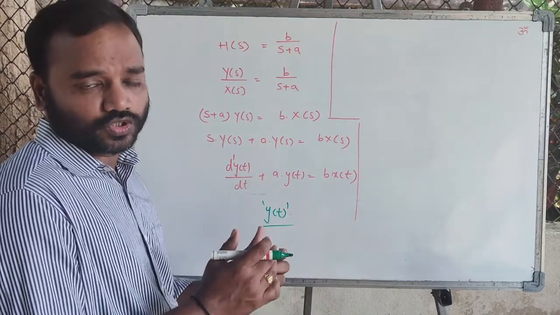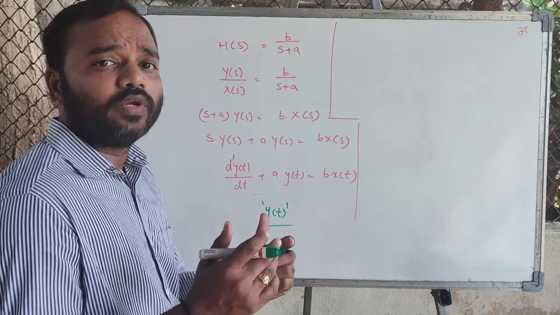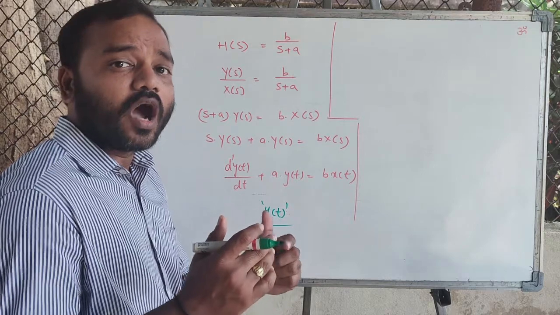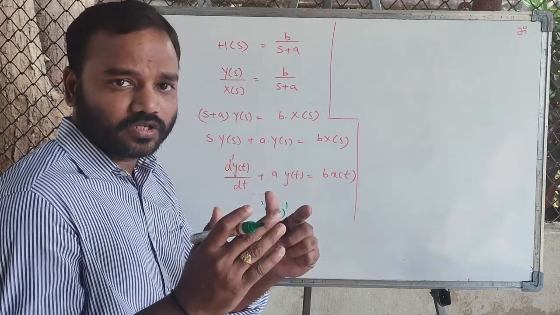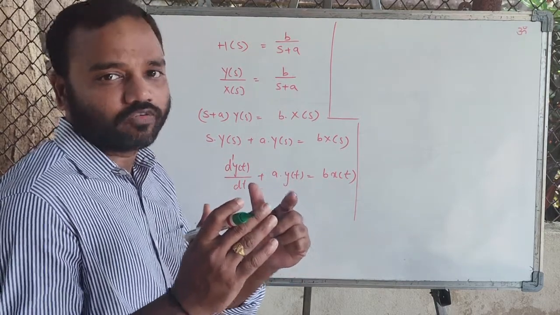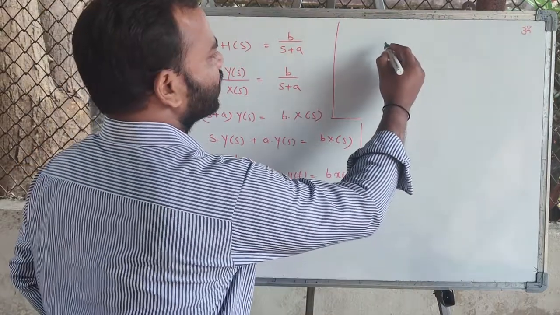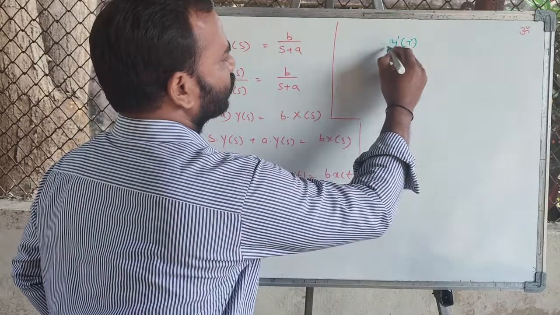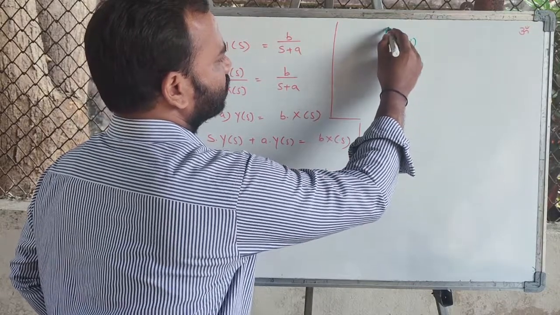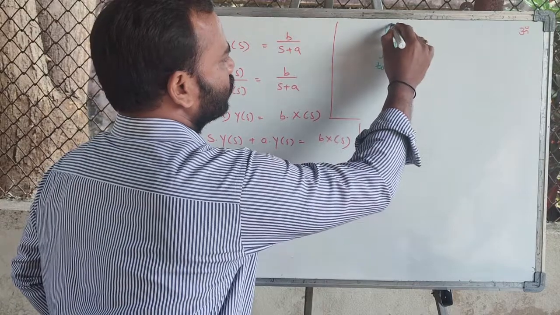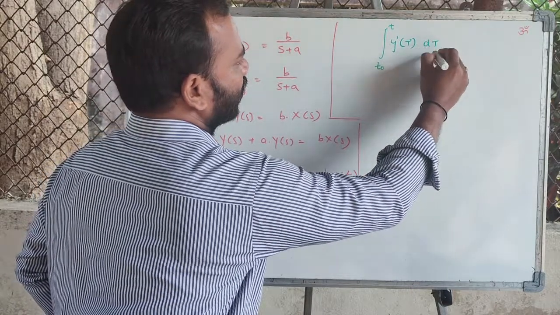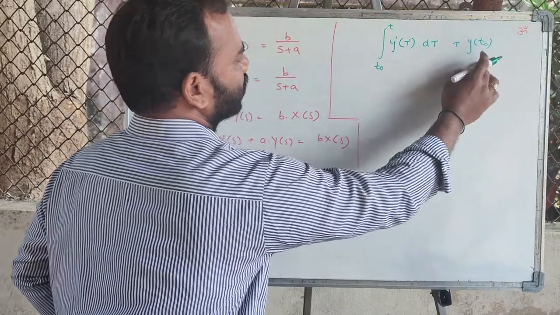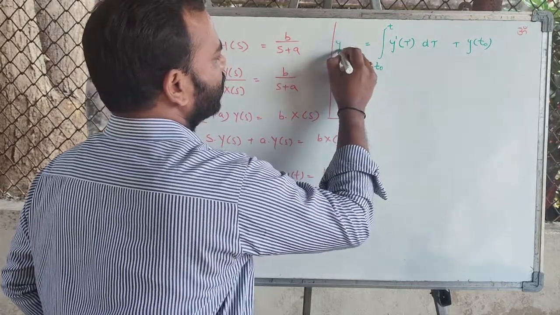Instead of this approach, we try to integrate the differentiation and approximate that integration with trapezoidal formula. That is, y dash of tau integrated from t0 to t d tau plus the initial value y of t naught, and this one will be the y of t.